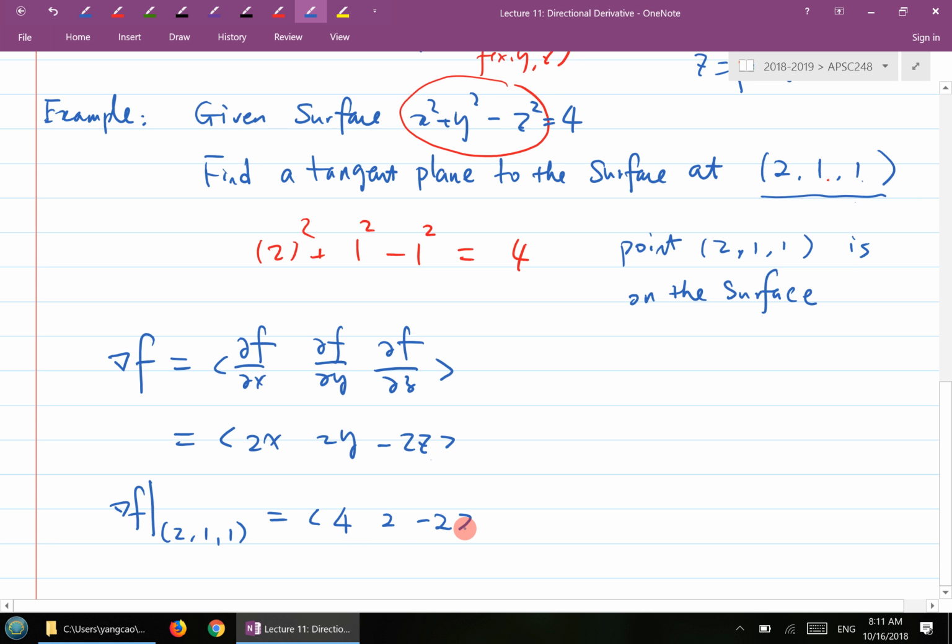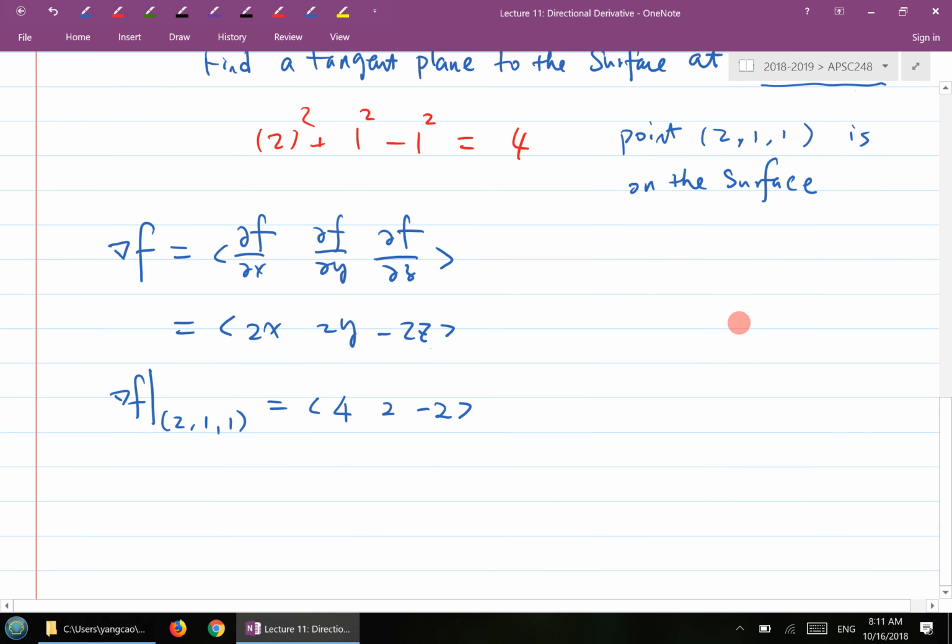So the rest of the work is the tangent plane: you substitute into the plane equation. 4 is the a value, times x minus 2, plus 2, which is the b value, times y minus 1, and then negative 2, your c value, times z minus 1.